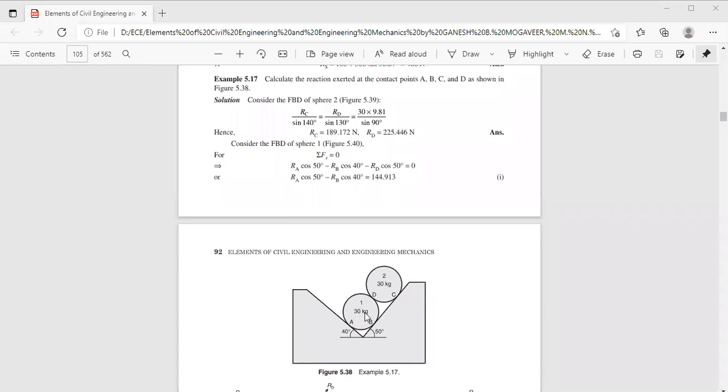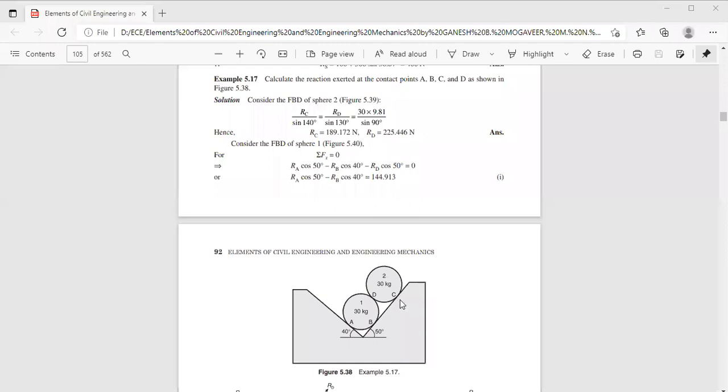And from this sphere to this sphere you have a reaction like this, RD, and the angle is 50 degrees, because if you join these two centers, this is almost parallel to this side. RD is the reaction force and the angle will be 50 degrees.